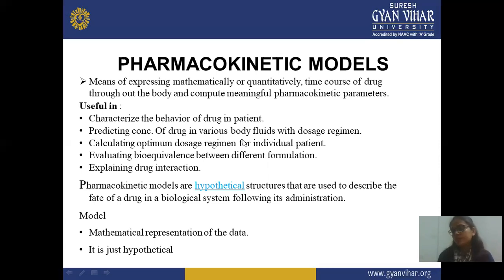Suppose you are formulating some generic drug, or maybe a branded drug. If you are using two or three formulations, you compare the bioequivalence and efficacy between these different formulations, to see whether they are equivalent to each other or not.